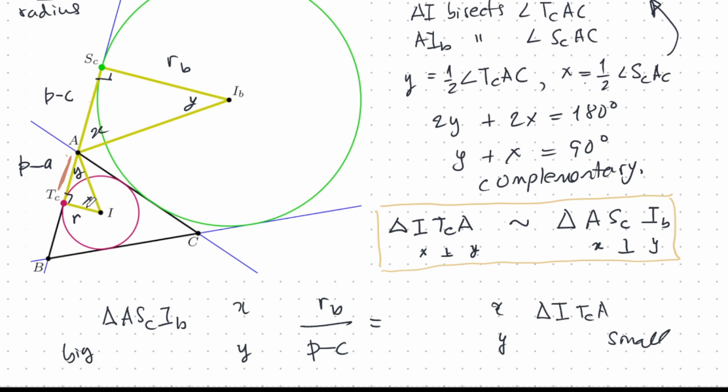Angle X corresponds to this side here, P minus A, and the Y angle corresponds to the side length R. And there we have it, our second similar triangle relationship, and this should be sufficient to derive Heron's formula.